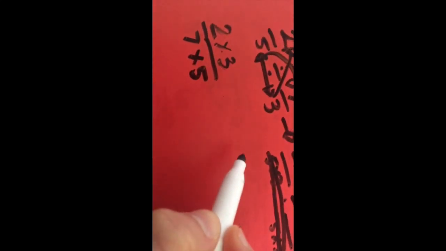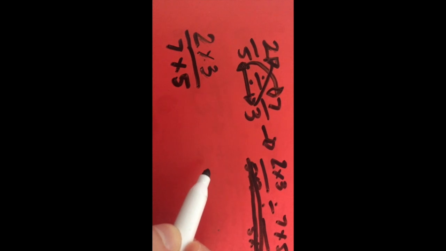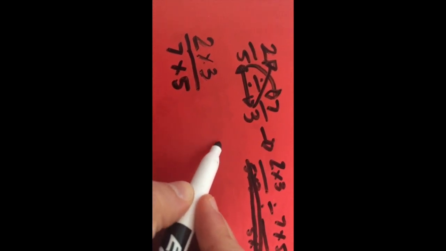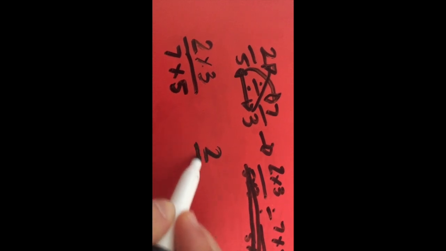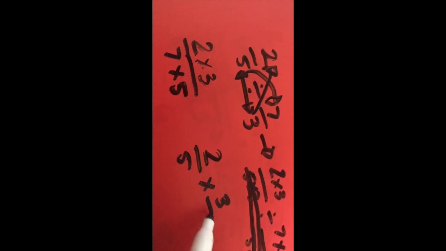So now we just turned it into an integer problem. That's also like me saying 2 over 5 times 3 over 7, right?